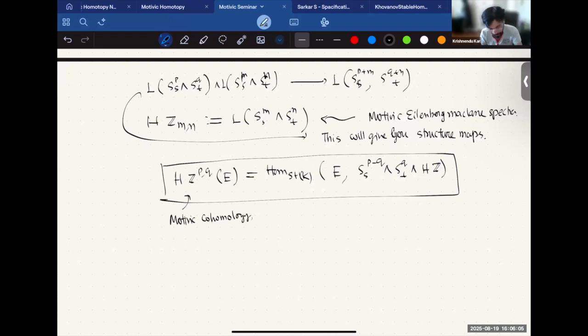So modulo some suspension with respect to these two circles, it represents your motivic cohomology. And that's a good place to stop.